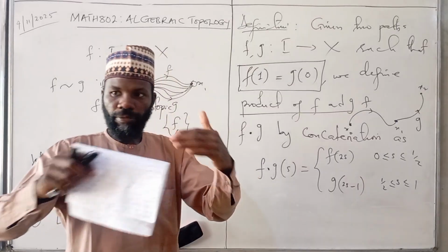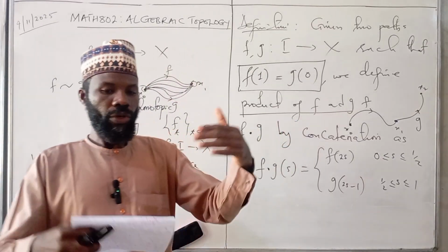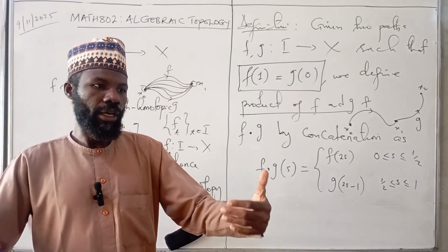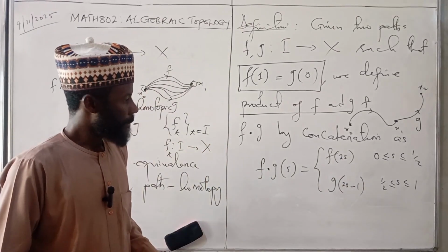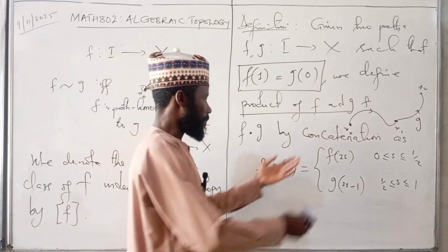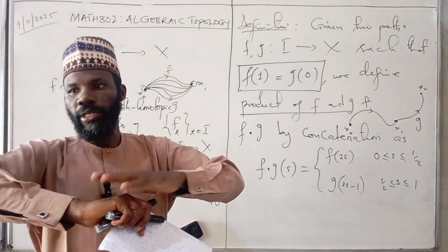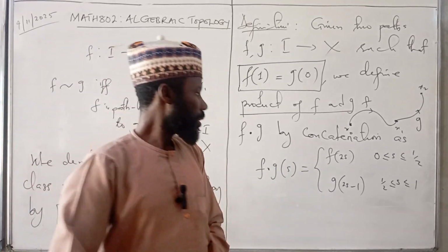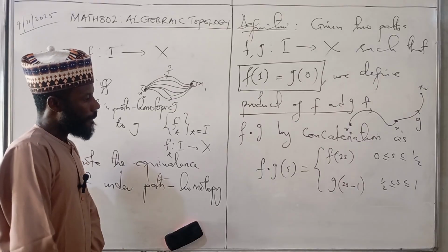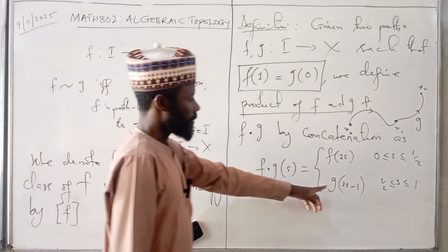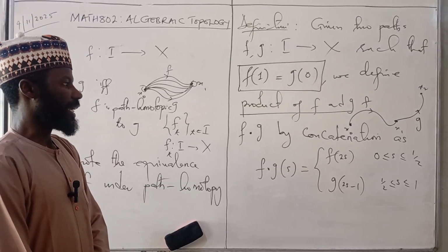If you define a function piecewise on two separate subsets of the domain, where the piecewise definitions coincide at the intersection of the subsets, then that function will be continuous. So by the pasting lemma, this function is continuous, and so it is a path in X.